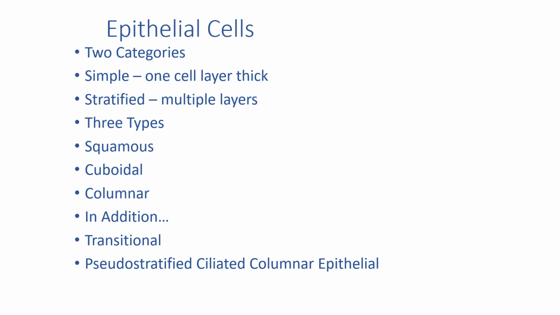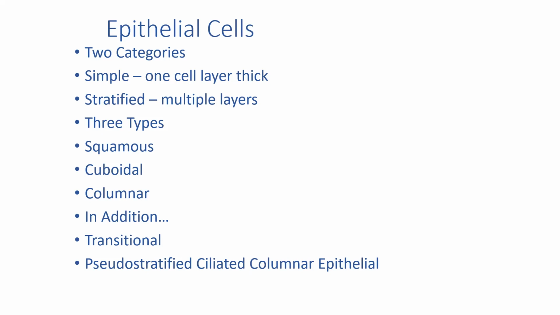Our digestive system in many places has multiple layers. Our rectum and our anus are lined with stratified epithelial cells. Our skin is stratified, many layers of skin to protect us from wear and tear.